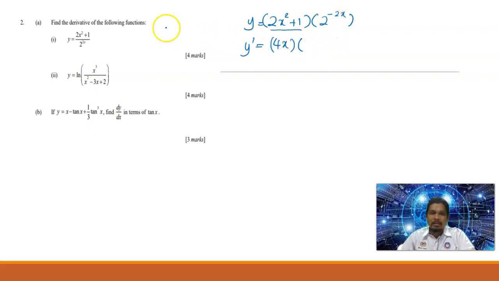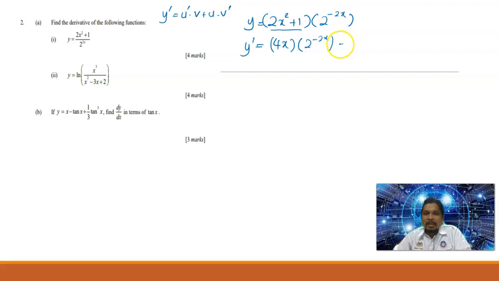And then, okay, y prime equals u prime multiplied by v plus u multiplied by v prime. So 4x multiplied by 2 to the power of negative 2x, plus 2x squared plus 1. Just now we differentiated 2x squared plus 1 to give you 4x. The next one, we just write this all here, and it's time for us to differentiate this.